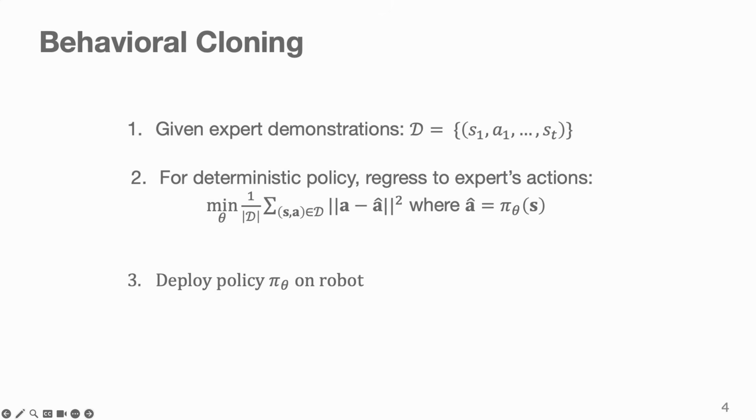And now for a deterministic policy, we treat this as a regression problem, where our goal is to minimize the difference between the action the expert took and the action that our policy predicts for the same state. Formally, we optimize this with, for example, a mean squared error loss across our data set.